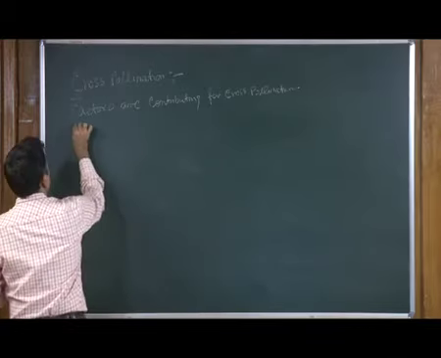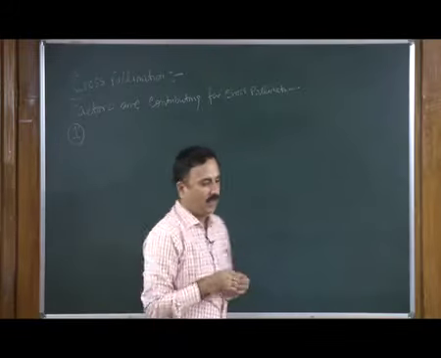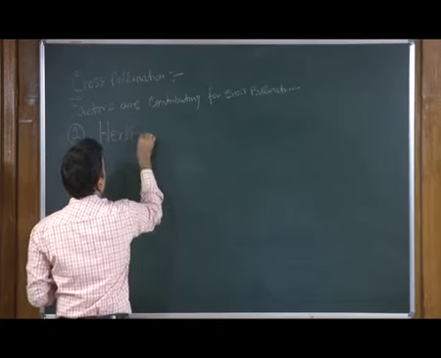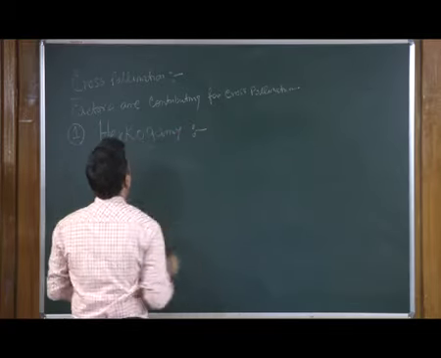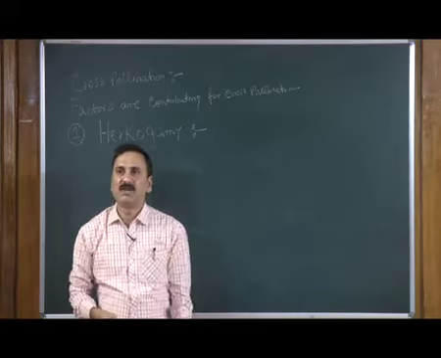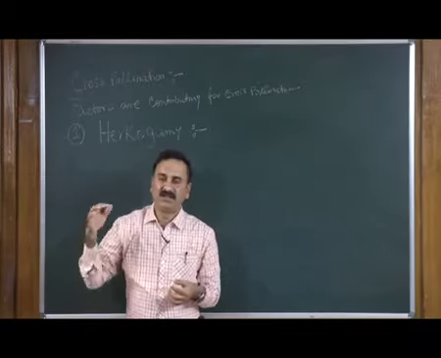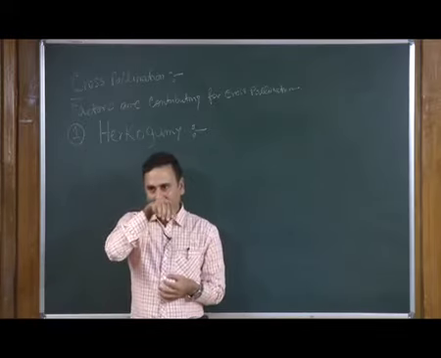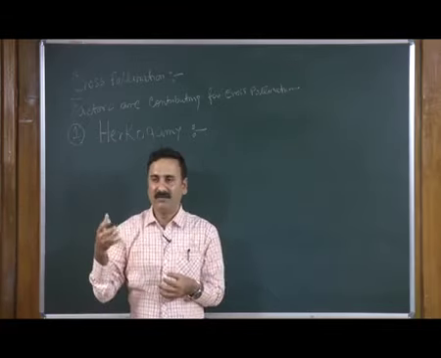What are these factors? Number one factor is called hercogamy. There are many plants which have mechanical barriers to protect their stigma or their anthers, and in those cases these plants cannot get self pollination because of the mechanical barrier.